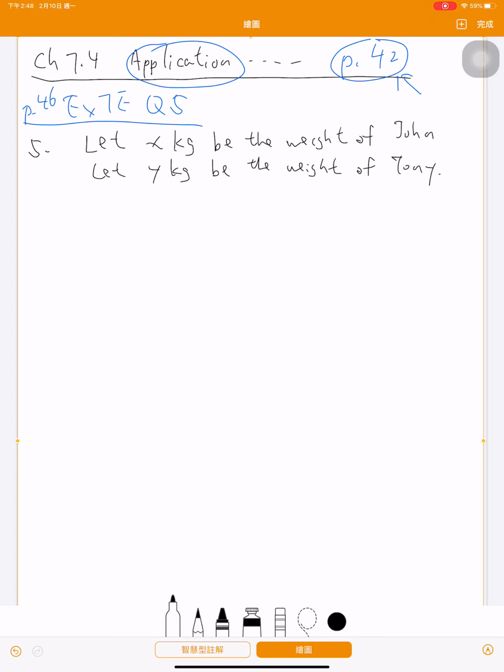And then after we let the unknowns, we can set up the equations. Two equations, remember, for this chapter. First of all, John is 4 kg lighter than Tony. That means x is smaller, right? y is bigger, right? By 4 kg.